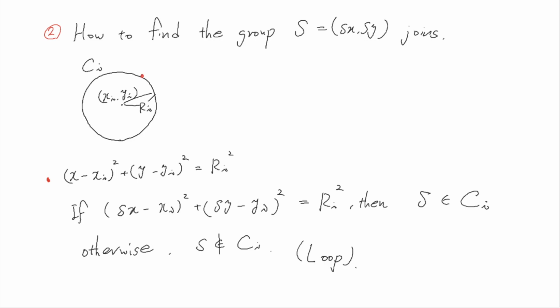If S lies on Ci, the equation really holds. So if you check this equation and it really holds, then S is really in Ci. But otherwise, S is not in Ci.